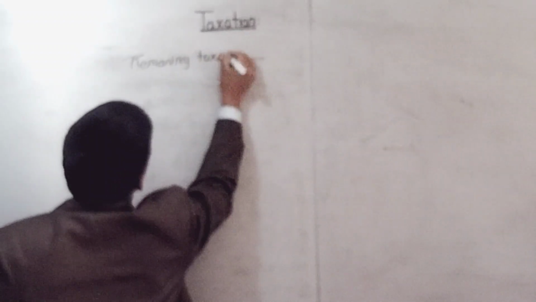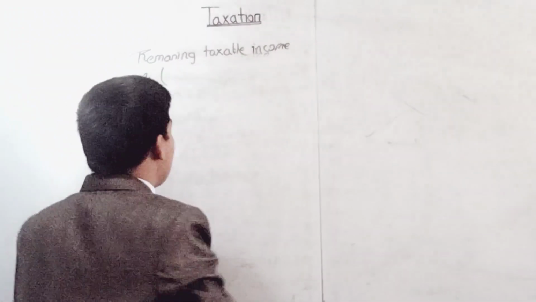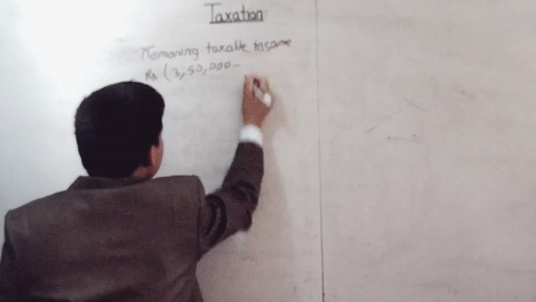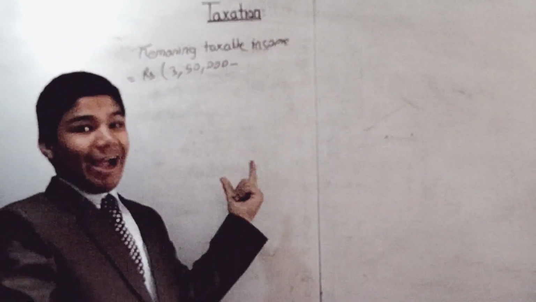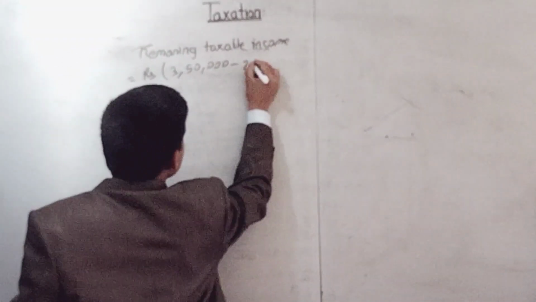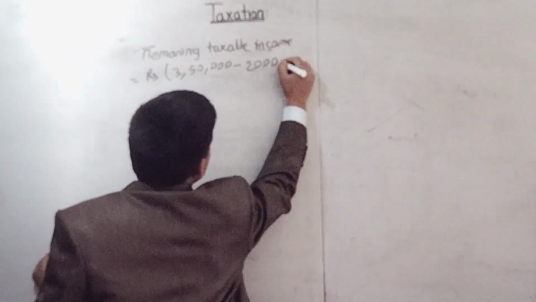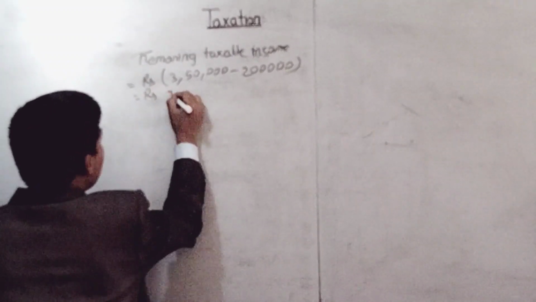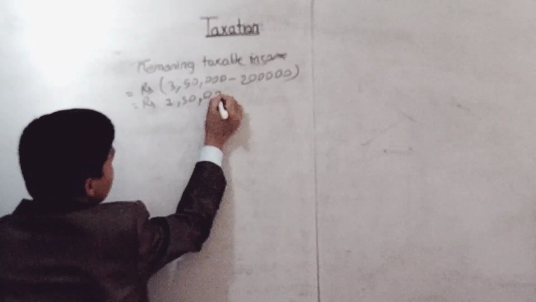So remaining taxable income is equal to rupees taxable income of before, which was 3,50,000, minus, now we have to subtract 2 lakh from it as it is told in the question. Now when we subtract this, we will get rupees 1,50,000.